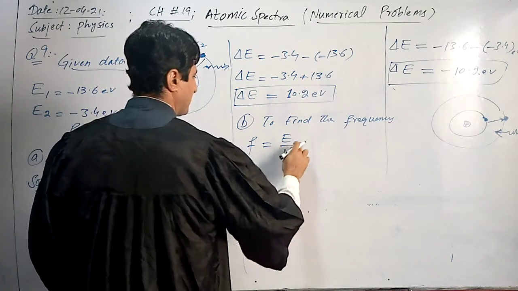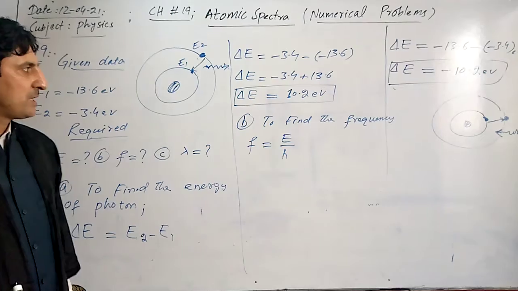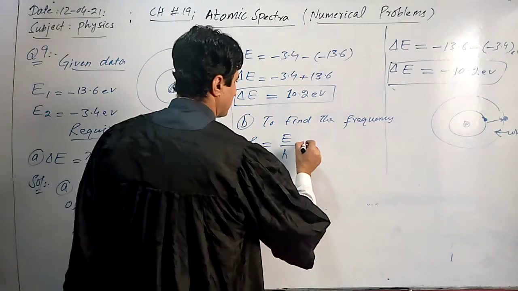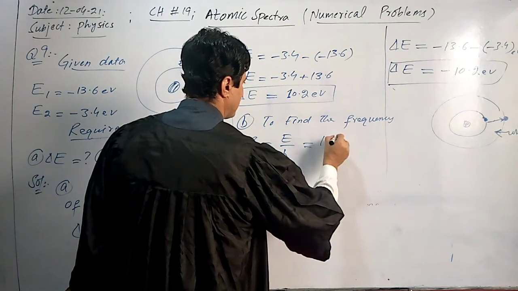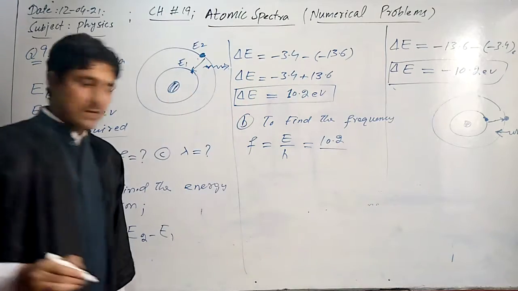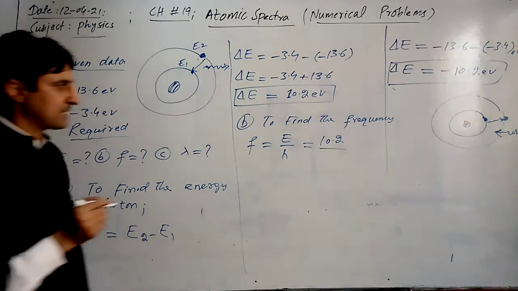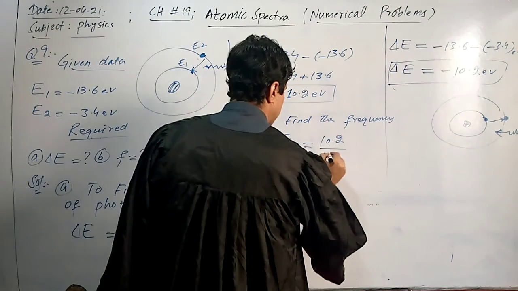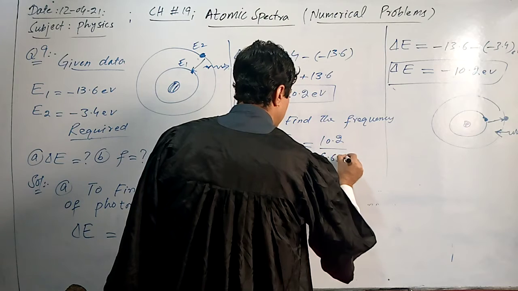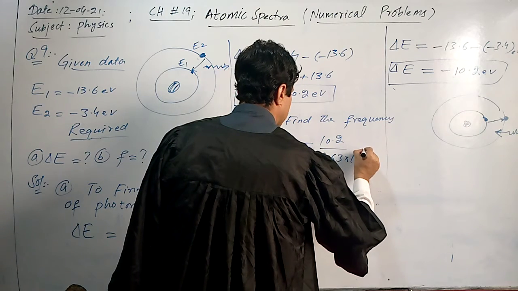Putting the values, E is equal to 10.2 divided by, instead of Planck constant, we can take its numerical value, which is 6.63 multiplied 10 power minus 34.